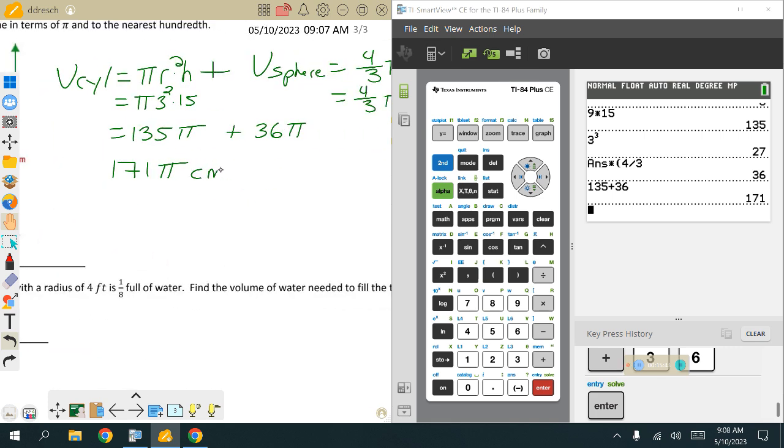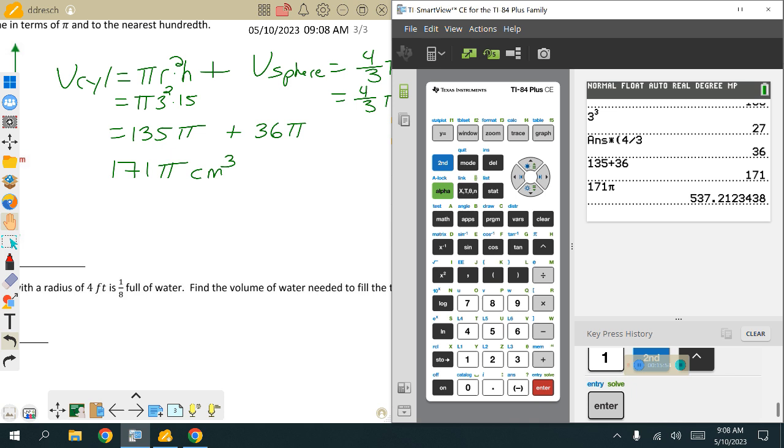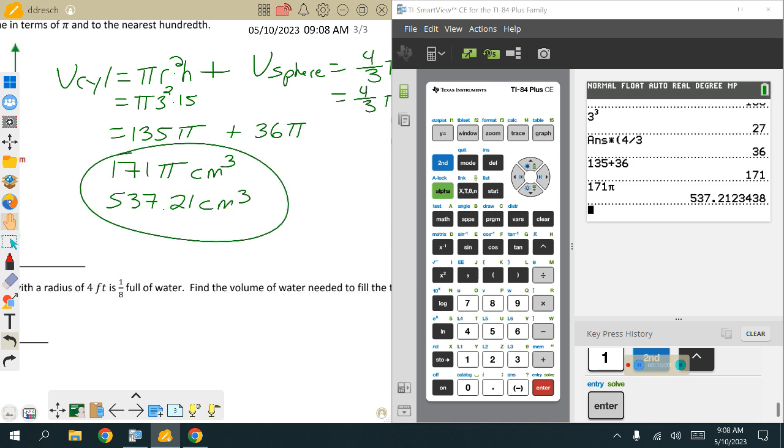So centimeters cubed, that's my terms of pi. Better see pi in the answer. And it does say round to the nearest hundredth. Hundredth is how many decimals? 2. And what is it? 21. There you go. And we'll call it a year.